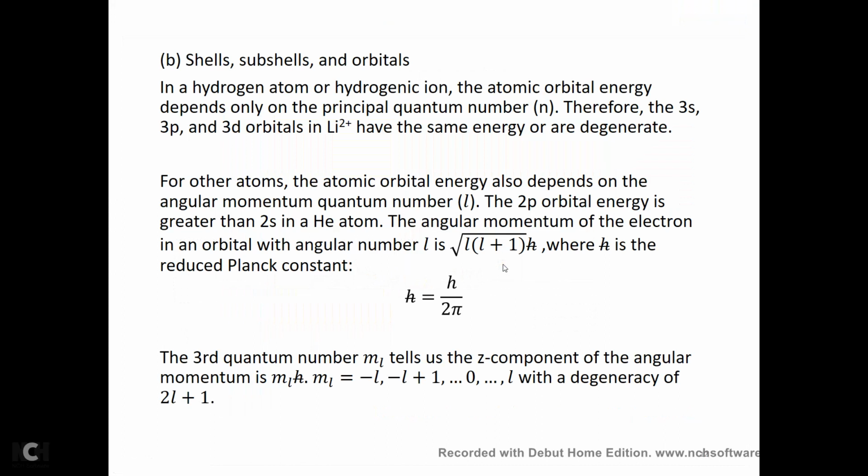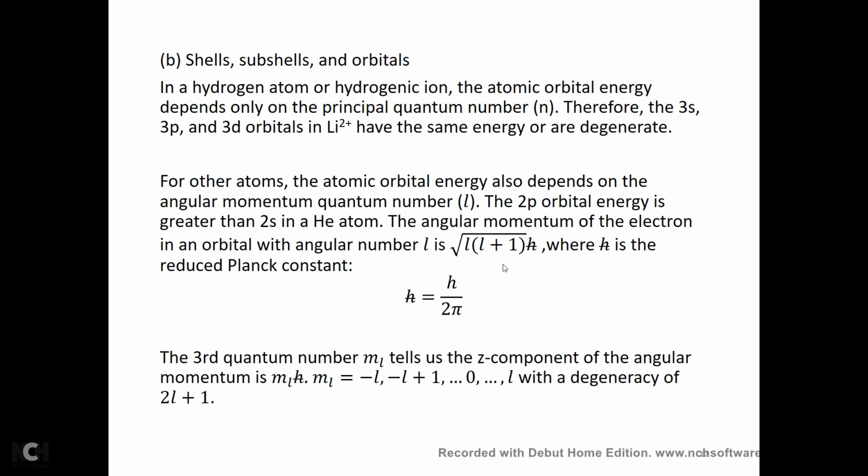Now let's look at shells, subshells, and orbitals. So first, shells. In a hydrogen atom, you have an infinite number of shells. n equals 1, 2, 3, 4, 5, 6, etc. Each corresponds to a shell. When n equals 3, you have 3 subshells: 3s, 3p, 3d.